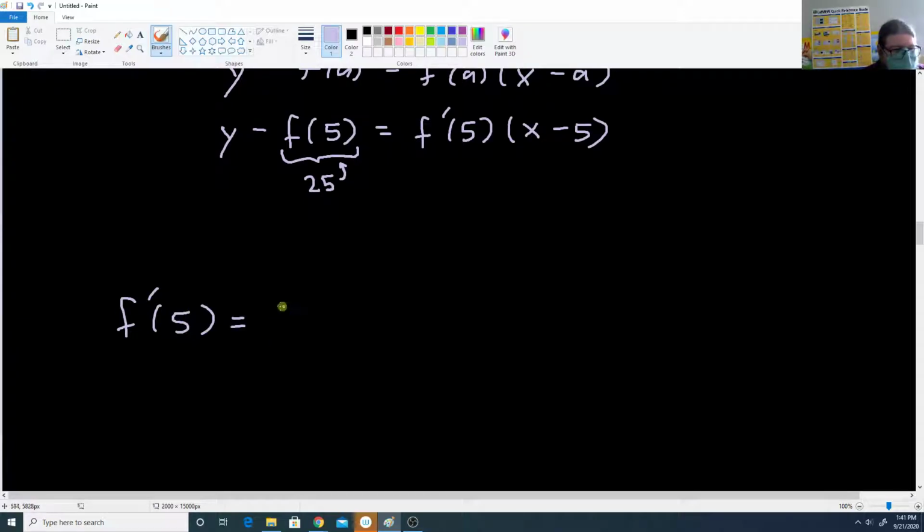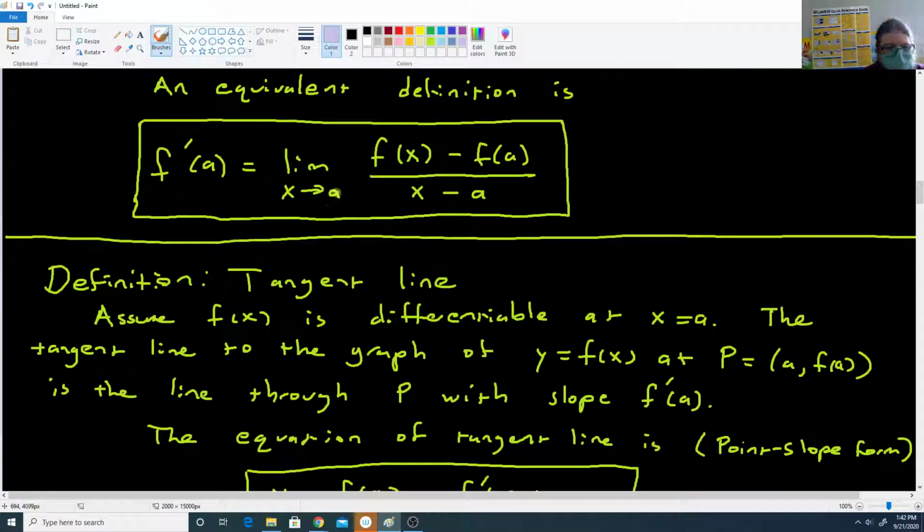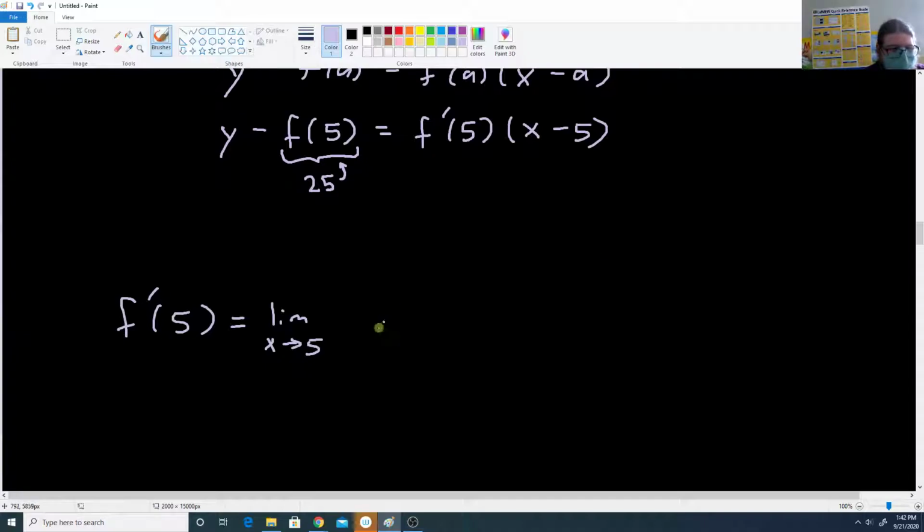That is going to equal the limit as x approaches a, where a is 5, of f of x minus f of 5, all over x minus 5.